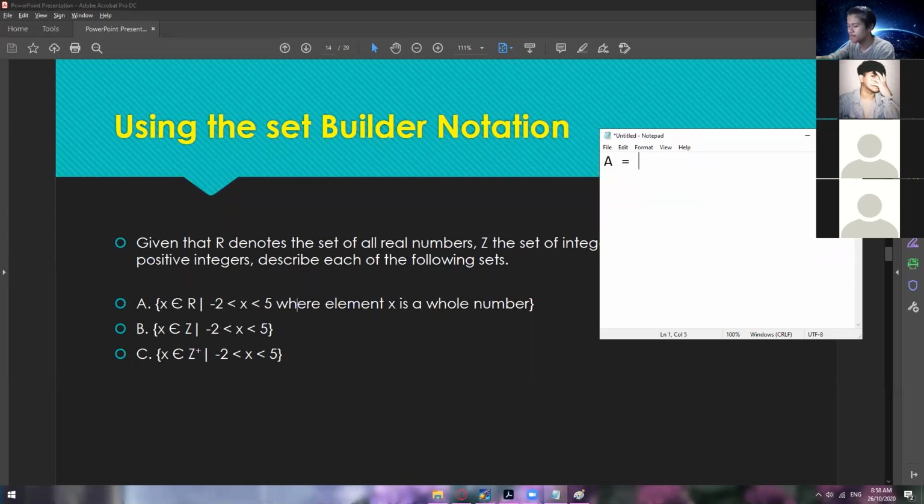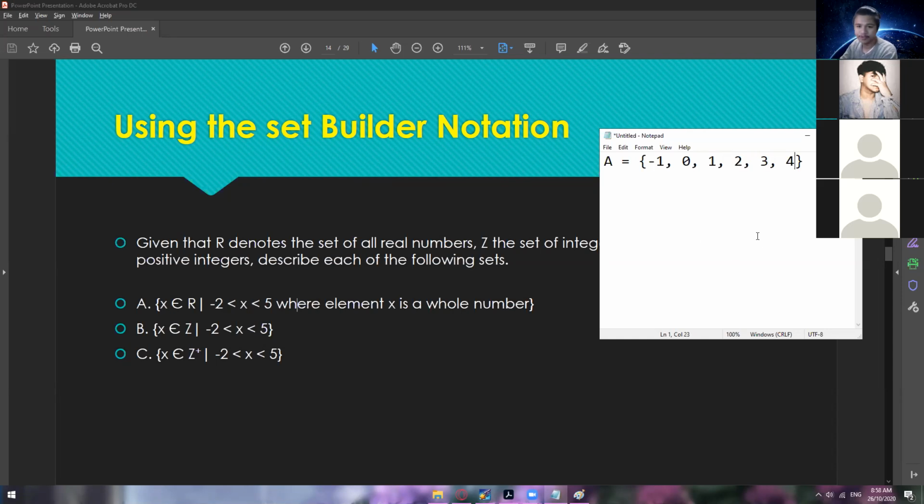So ano yung mga elements natin na yon? -1, 0, 1, 2, 3, and then 4.